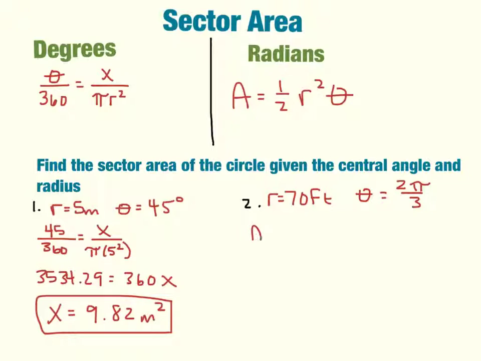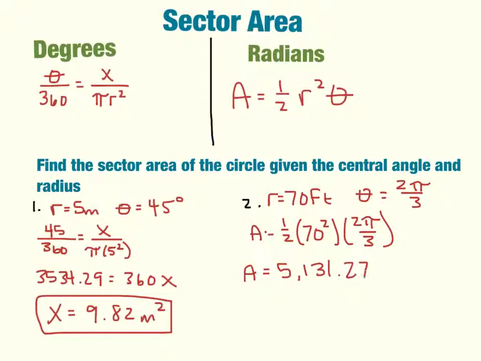I'm going to plug that into the area equals 1/2 of my radius squared times theta. So 2 pi over 3. So I just square 70, take half of it, multiply by 2 pi over 3, and I get an area of 5,131.27 feet squared.